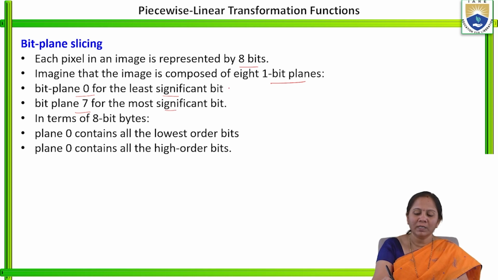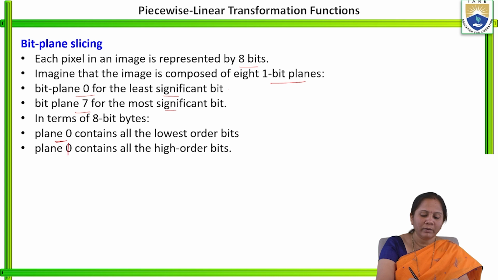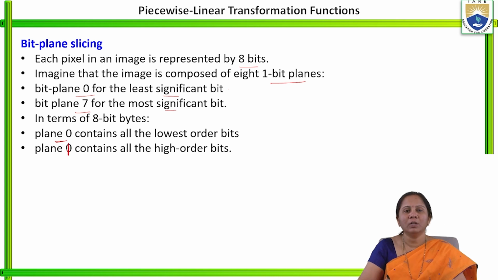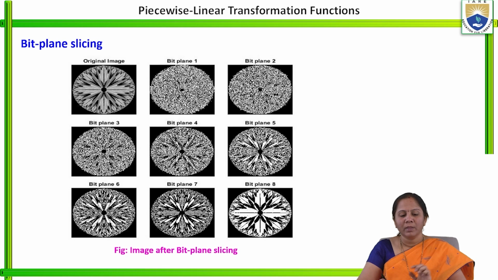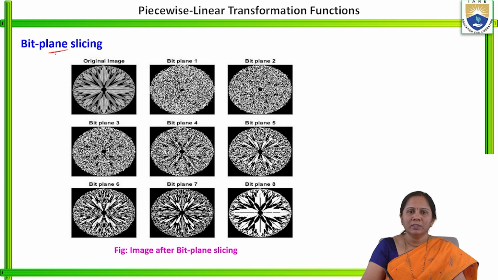So as it is holding the least significant bit, bit plane 0 contains all the lower order bits and bit plane 7 contains all the higher order bits. So in this we can clearly observe the difference, how the image will be observed on each bit plane.